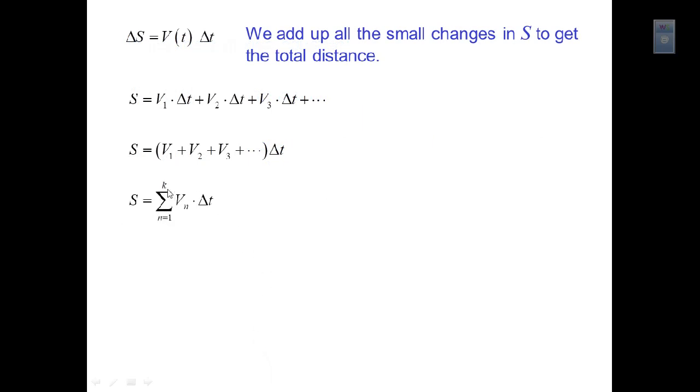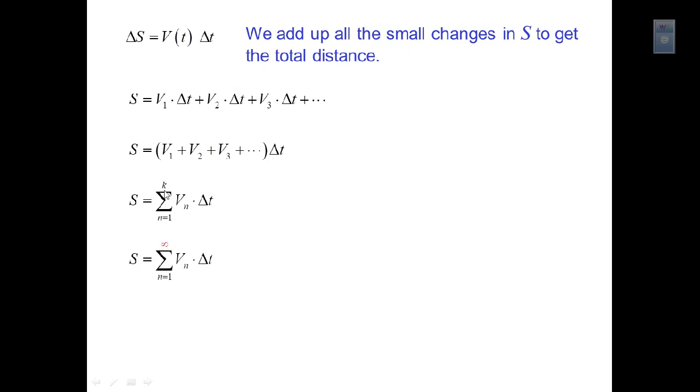And that gives us the sum as n goes from 1 to k of v of n delta t. Remember, that's your change in time. This is your velocity at that moment in time. And this is just saying that you have n values of v that you're going to add up.